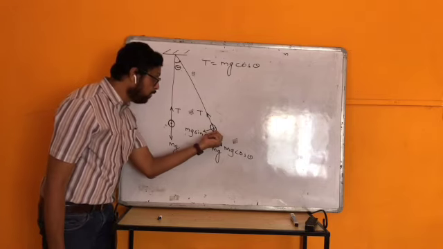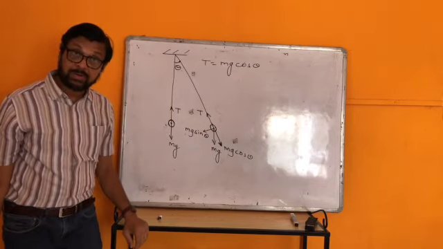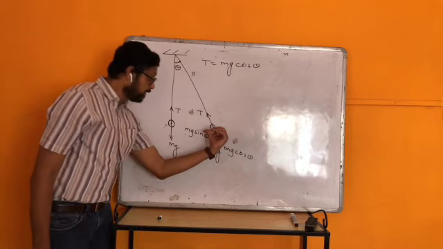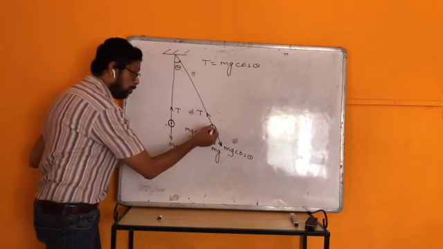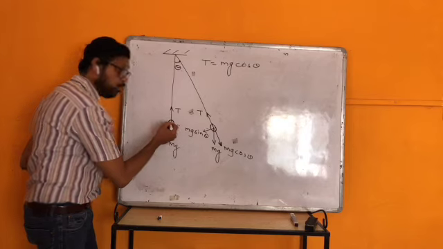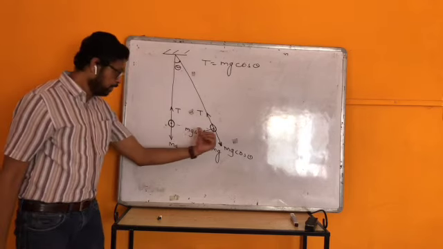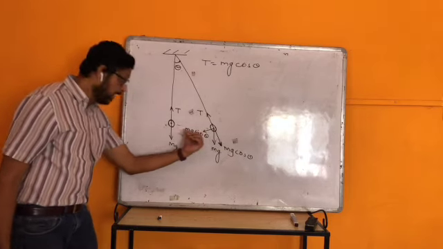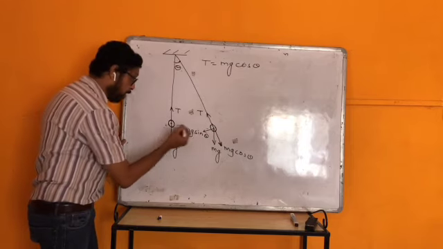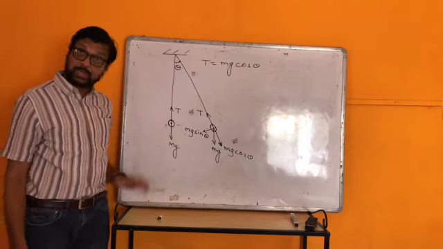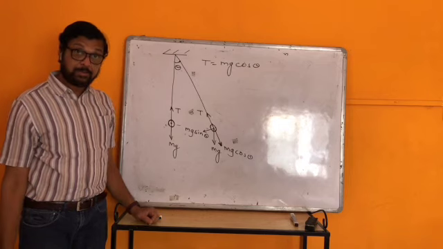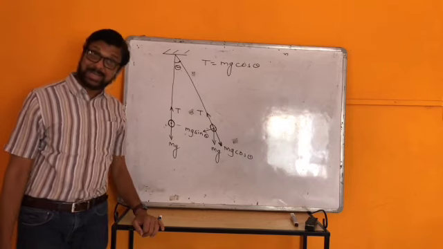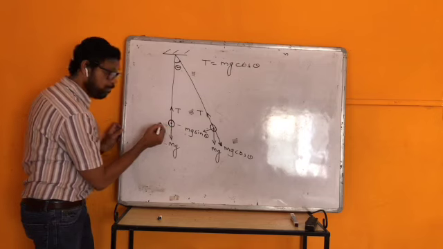So when you leave this bob, what will happen? Due to mg sin theta, the bob will accelerate towards the mean position. When it reaches here, it will not stop. Why? Because it possesses kinetic energy, so it will move further.